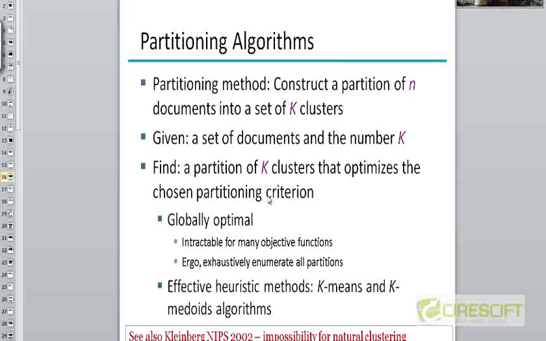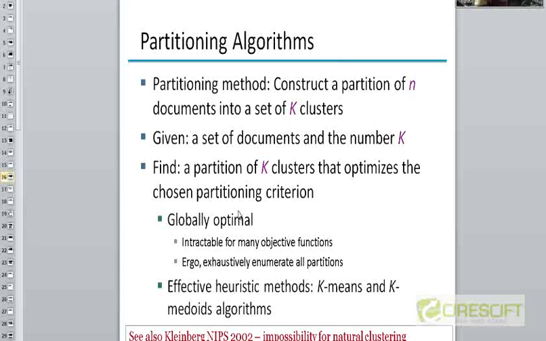Well, if we want to come up with an optimal clustering algorithm, we could define some kind of a mathematical objective function. For example, we could define a function which measures how similar the documents within each cluster are, add up the similarities of documents within each of the k clusters, and then try to optimize that sum.